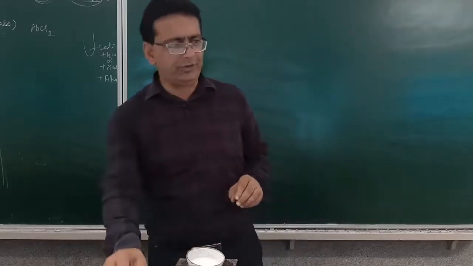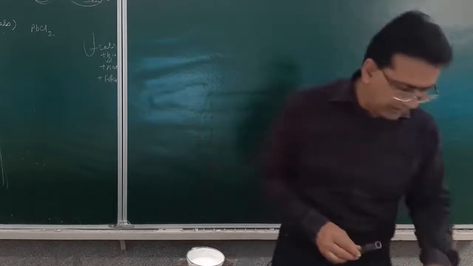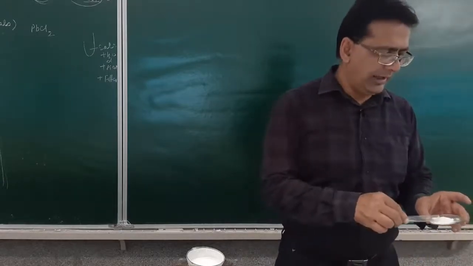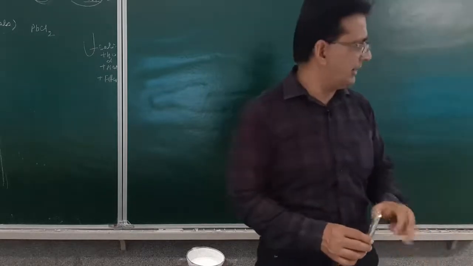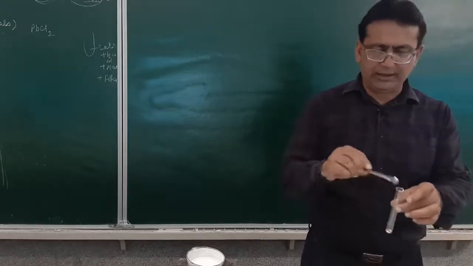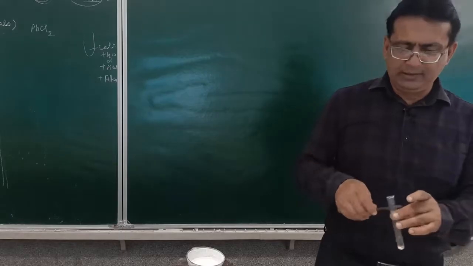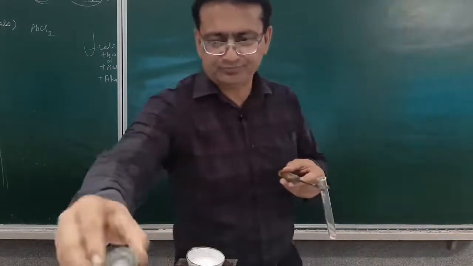In the meantime, while it boils up, I'll again demonstrate to you the same part which I have done earlier also. What we have done, we have taken the salt, having a nitrate ion as earlier demonstrated. To this lead nitrate salt, we have added the copper turning again. Again I am demonstrating to you. To this we add concentrated sulfuric acid.